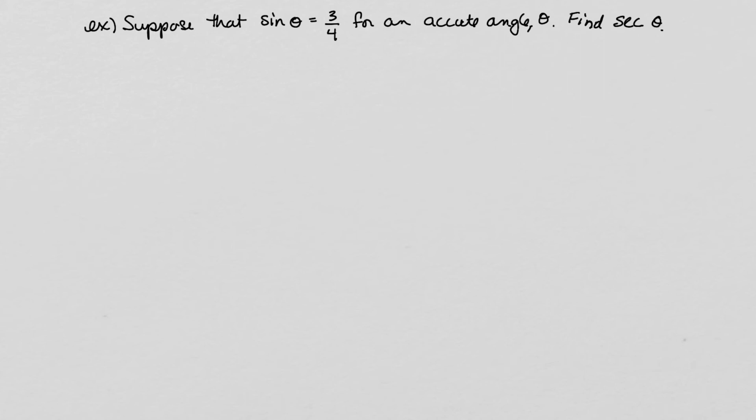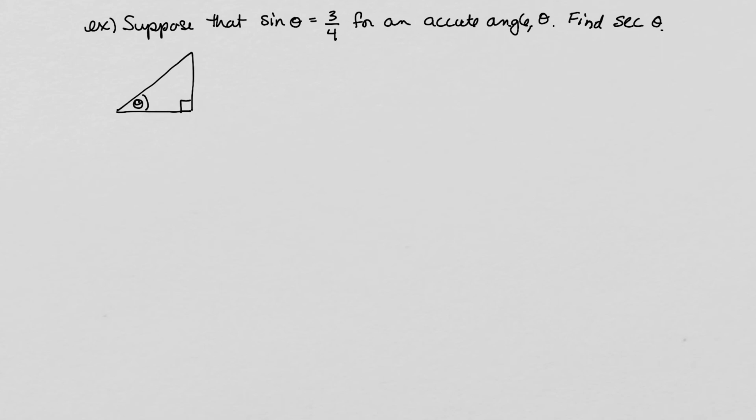So this one, they didn't first give me the triangle, right? They just told me that the sine of theta equals 3/4. So the first thing I'm going to want to do here is actually draw myself a triangle. So I'll draw a right triangle with an acute angle. So here's my acute angle theta, and I have a right triangle. And they gave me information about the sine function, right?